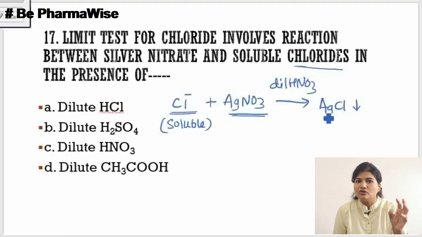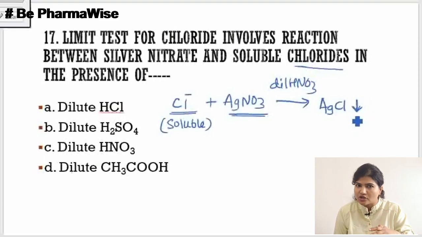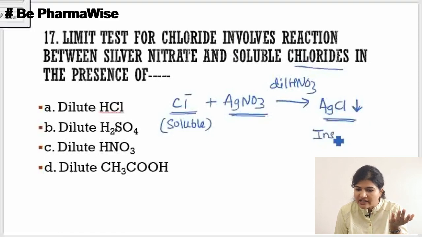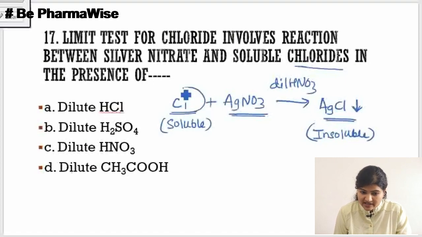When something cannot remain in the solution and it starts to get out of the solution and settle down at the bottom of the container, that we call a precipitate. So AgCl is now precipitated, meaning it is not soluble anymore. So whatever chloride was there in the soluble form has now been converted to insoluble form.